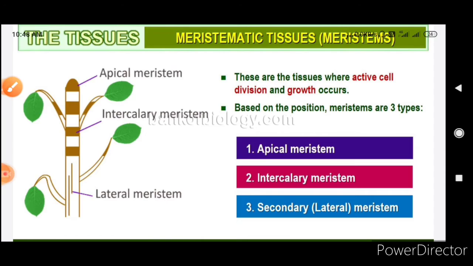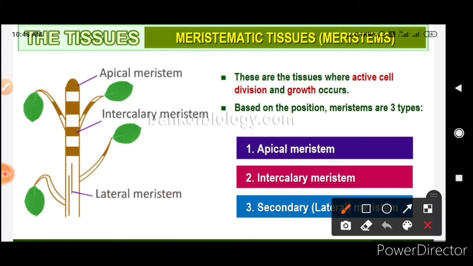Now when we talk about the meristematic tissue, these are the tissues where active cell division and growth occurs. You have to remember that here the active cell division and growth will occur, and based on the position of the meristem present inside a plant, we call them apical meristem, intercalary meristem and secondary or lateral meristem.